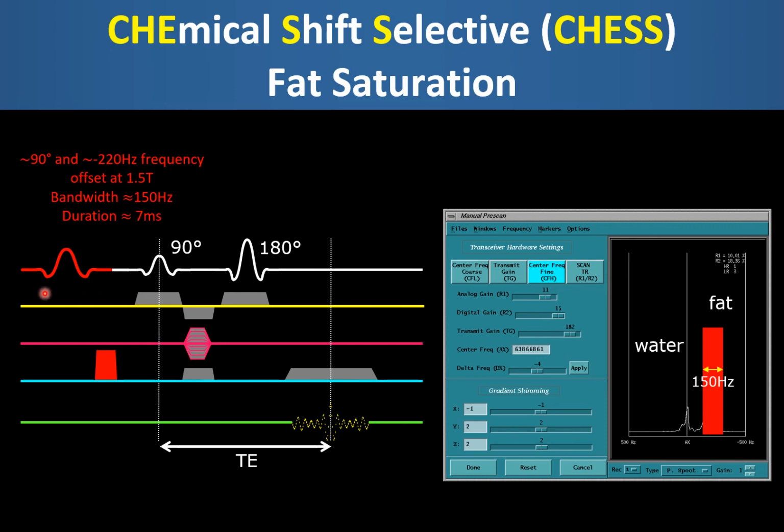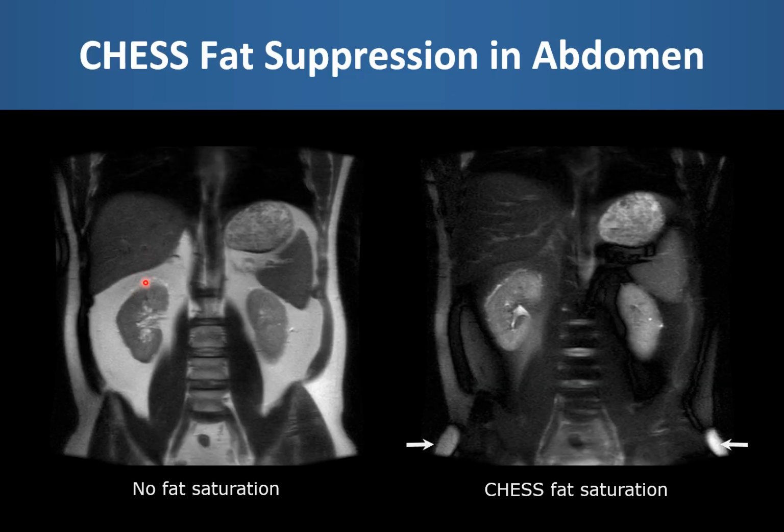So a simple 7 millisecond duration RF pulse will excite this relatively narrow bandwidth of approximately 150 Hz. If the pulse is centered on fat, then it will have little impact on the water peak. Here are two T1 weighted images acquired without and with this CHESS fat suppression. The fat saturation pulse does a reasonably good job of suppressing all the intra-abdominal fat.